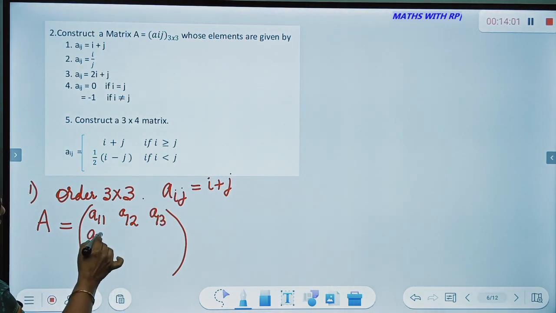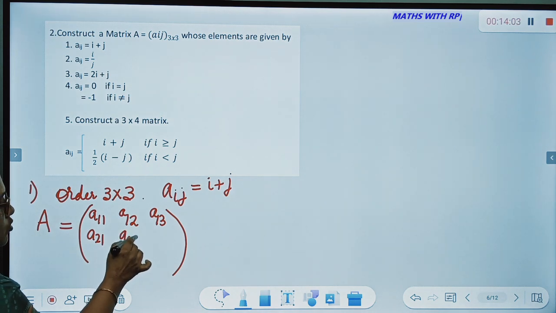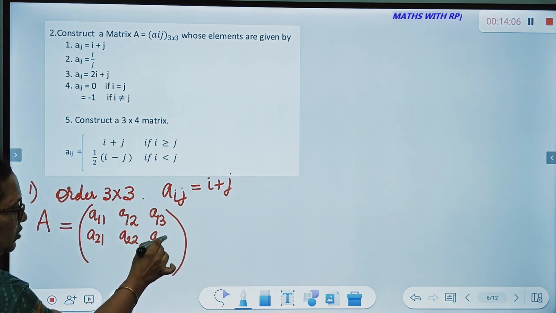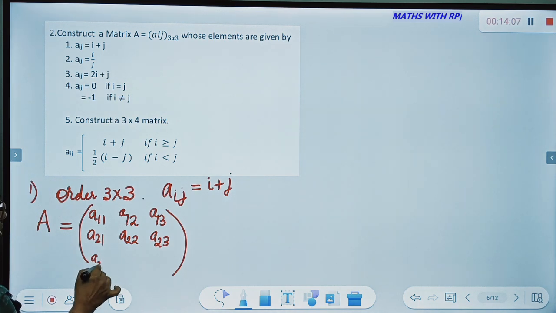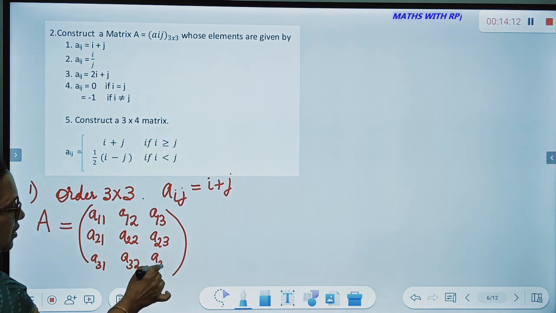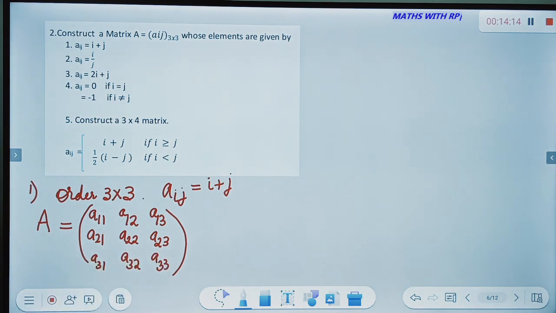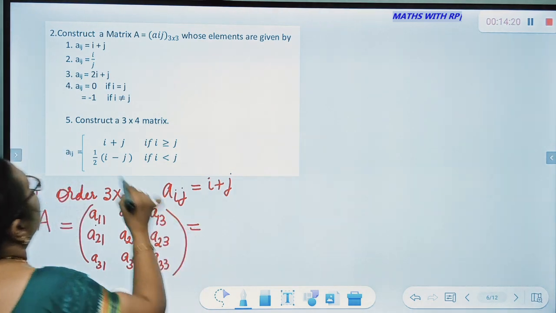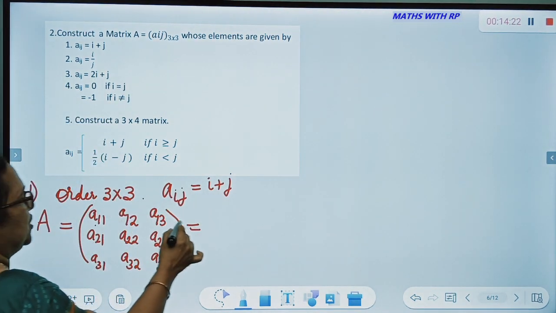Then you have A21, A22, A23. Third row, first column. Third row, second column. Third row, third column. Now this is your i and this is your j. Okay. Now how are the elements defined in the first case? i plus j.